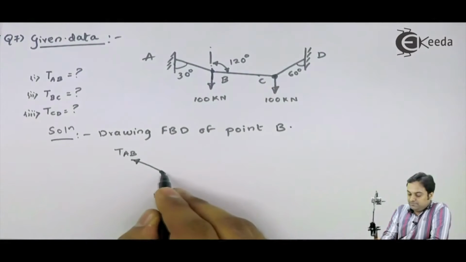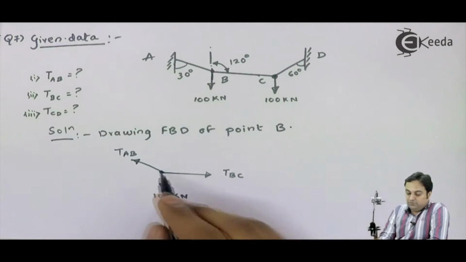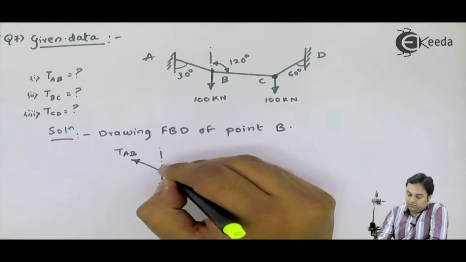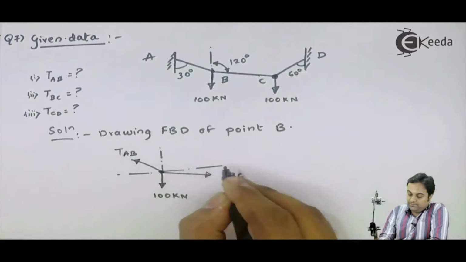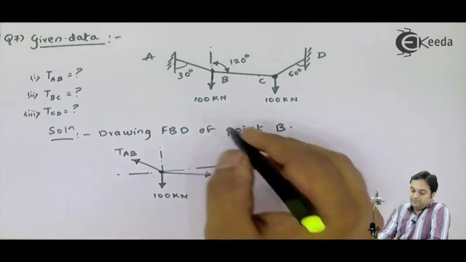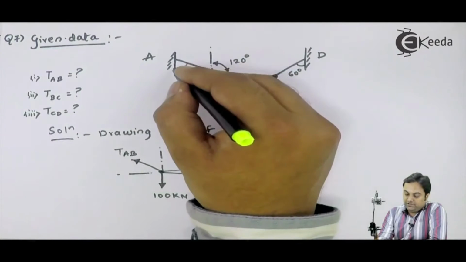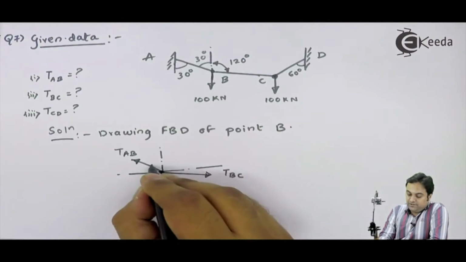Tension in BC would be in this direction. Next, I need to know the value of inclination. So first I will draw a vertical line, then a horizontal line. If I see here, AB is inclined at 30 degree to vertical. So if it is 30 here, then it is 30 even on the other side. So I have 30 degree angle here.